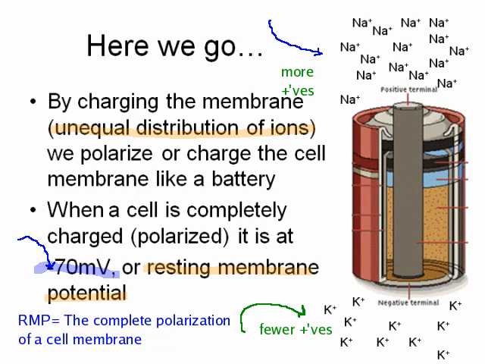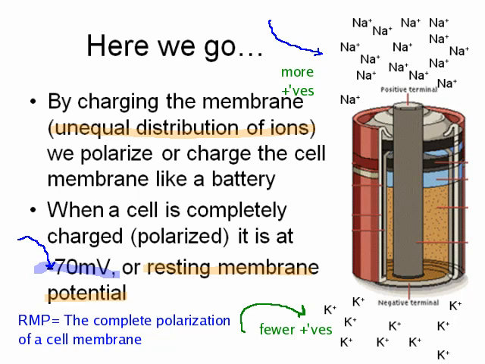That's all that negative is referring to. It's referring to the unequal distribution of ions, and it's telling us that there are more positives outside of the cell than inside of the cell. That's what that negative means.